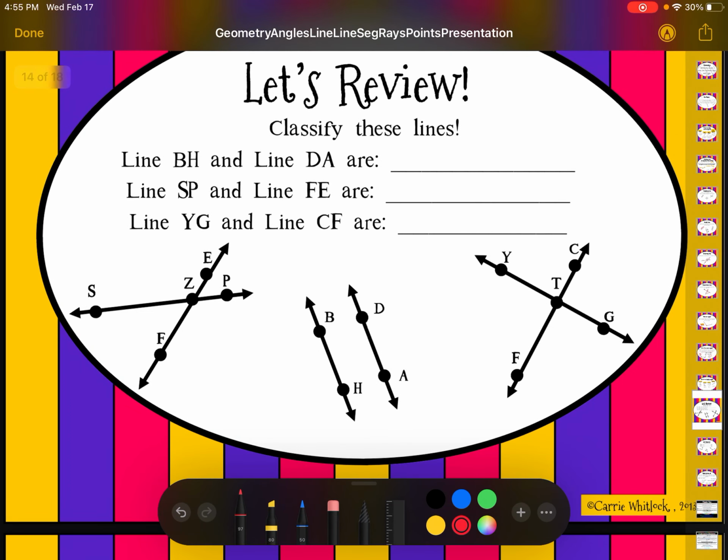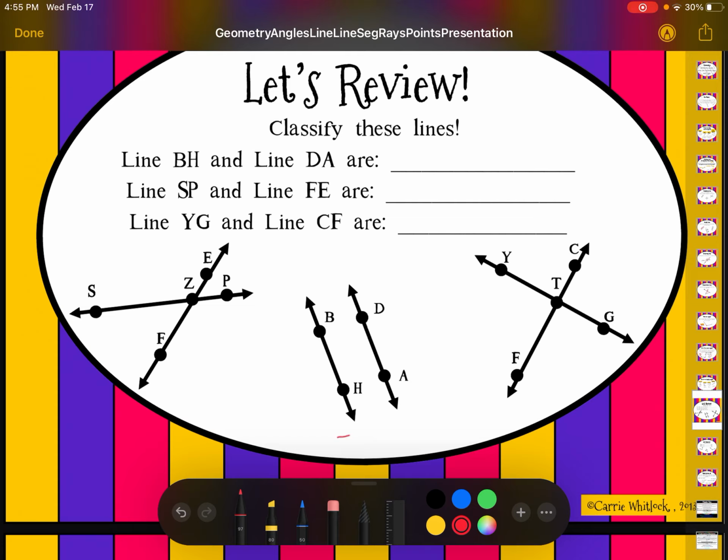Looking at these, have we got intersecting, perpendicular, parallel, what do we have? So let's find line BH and line DA. Those fall right here in the middle. And those look like they're not going to intersect to me, so those are parallel. Then we have line SP and line FE. We can see those over here.